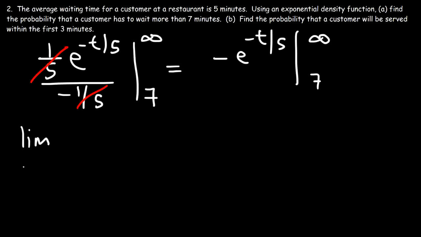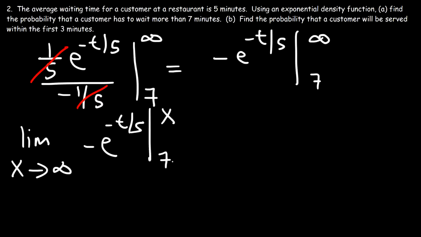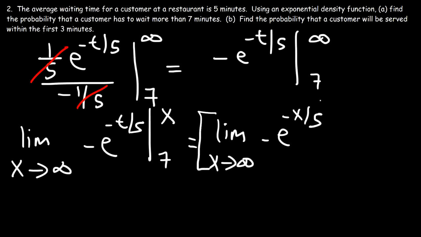So this is going to be the limit as x approaches infinity, negative e to the negative t over 5 from 7 to x. So if we plug in x, it's going to be the limit as x approaches infinity for negative e to the negative x over 5. And then we need to plug in 7, so minus negative e to the negative 7 over 5.